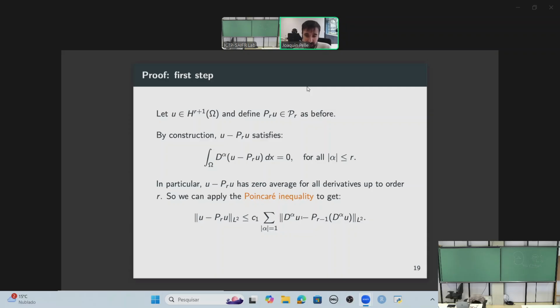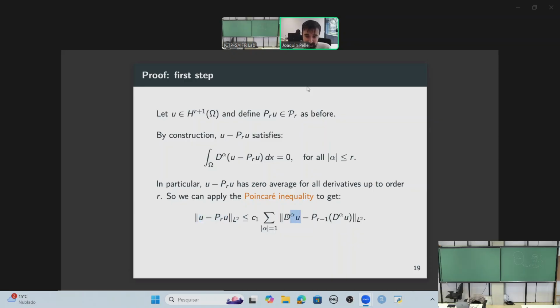So now we can look at this thing here and notice that in a way, it looks very similar to this thing here. So this is what I put as first step here. We're going to be doing recursion.